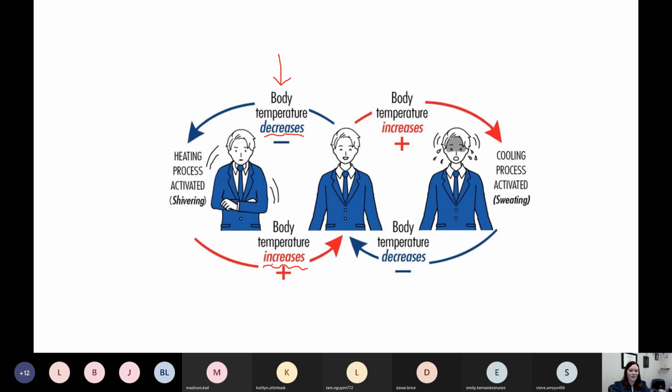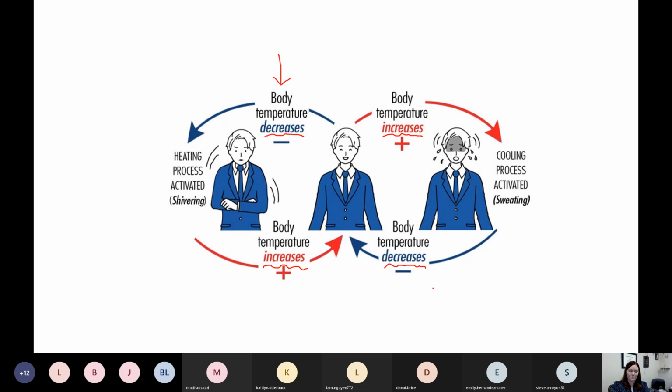So my effector makes my body temperature go back up. Or if my stimulus makes my body temperature go up, my effector is going to make the body temperature go down. So in a negative feedback loop, the feedback in my system is always going to be the opposite of what I do to address it.